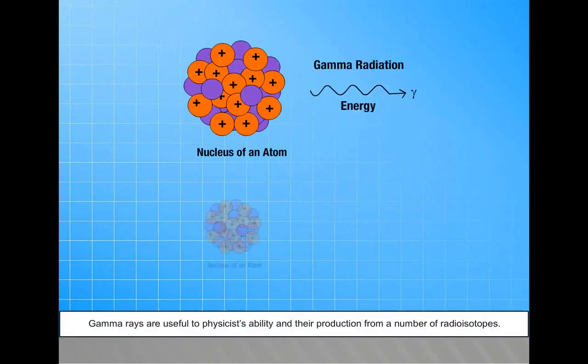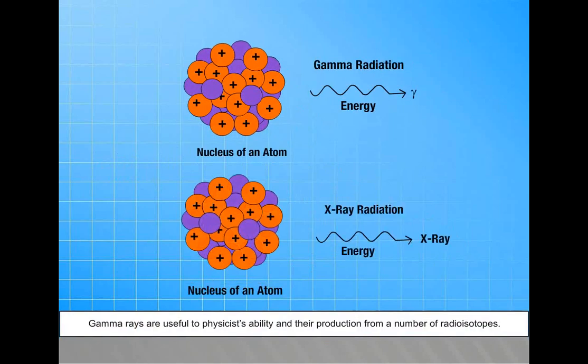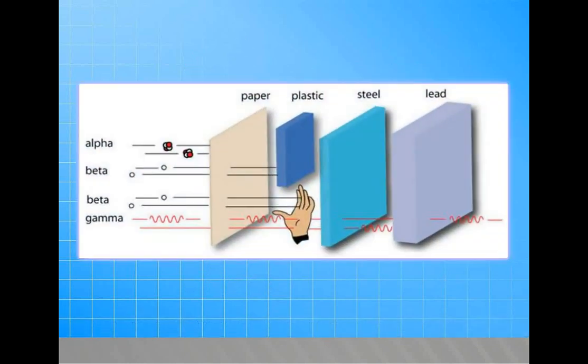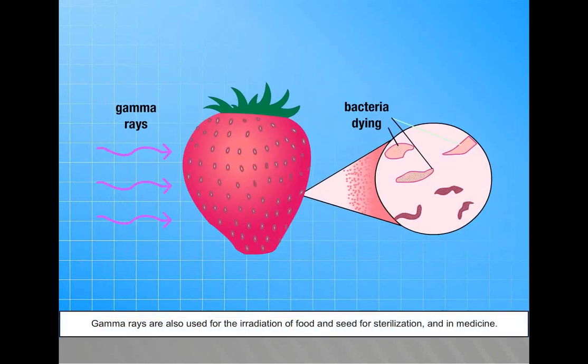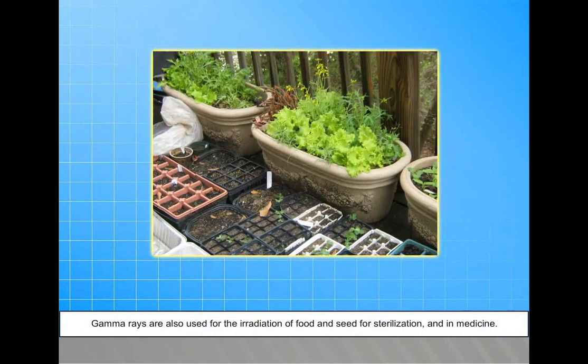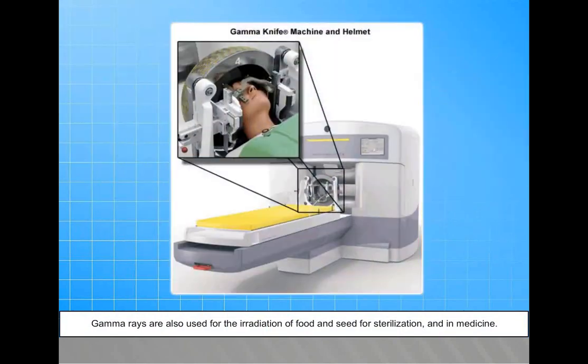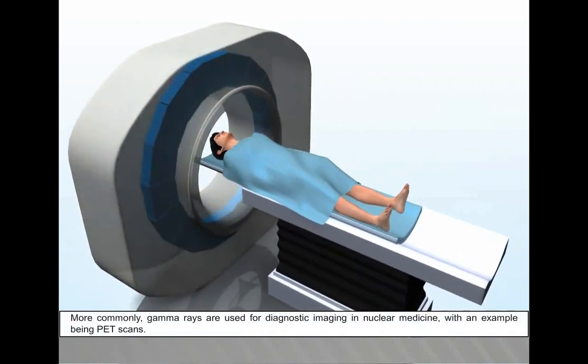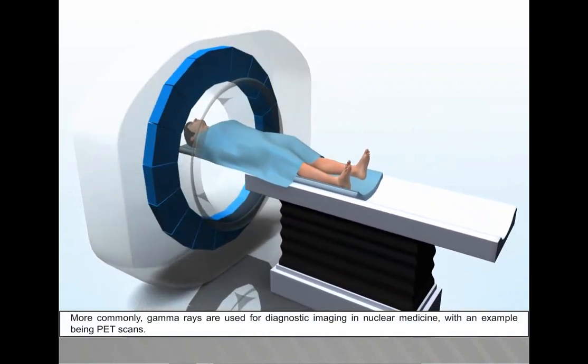Gamma rays are useful to physicists for their production from a number of radioisotopes. Gamma rays are also used for the irradiation of food and seed, for sterilization, and in medicine. More commonly, gamma rays are used for diagnostic imaging in nuclear medicine, with an example being PET scans.